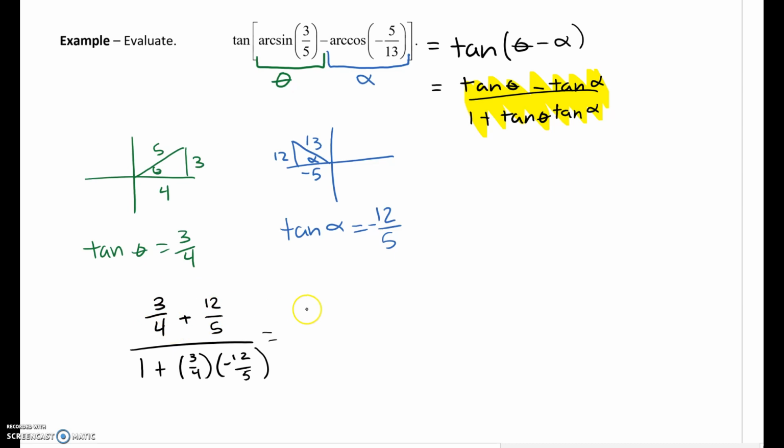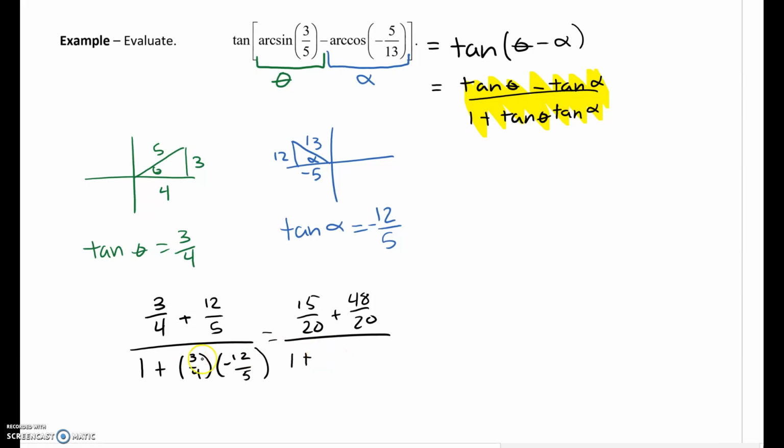So this is 15 over 20 plus 12 times 4 is 48 over 20, divided by 1 plus, go ahead and multiply these. I don't want to reduce it, even though I probably could. If I don't reduce it, then I'm going to have this denominator of 20 just like I have in the numerator. And that's going to make it easier when I'm flipping and multiplying.